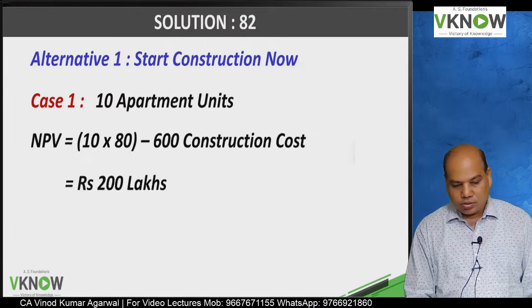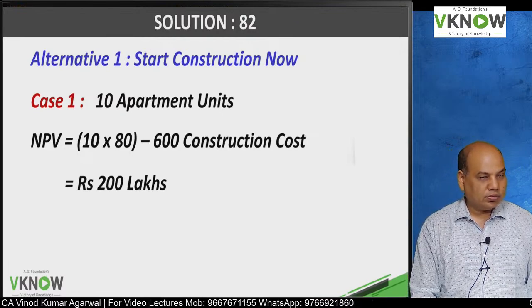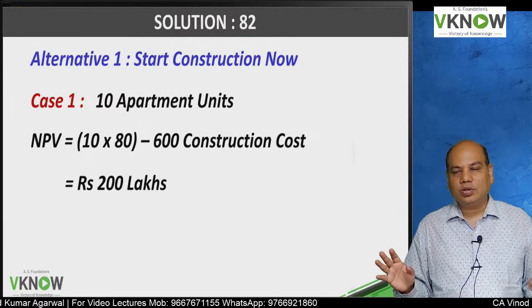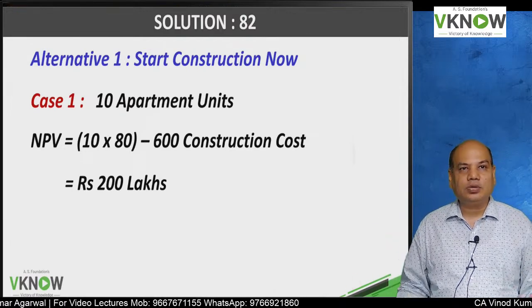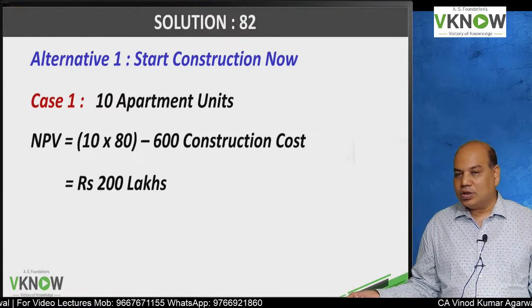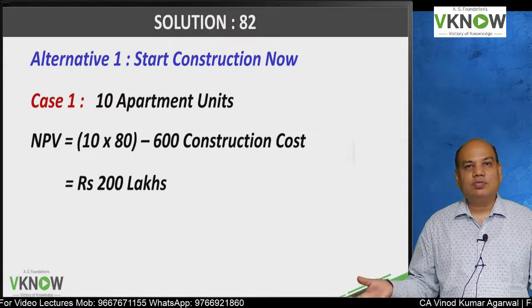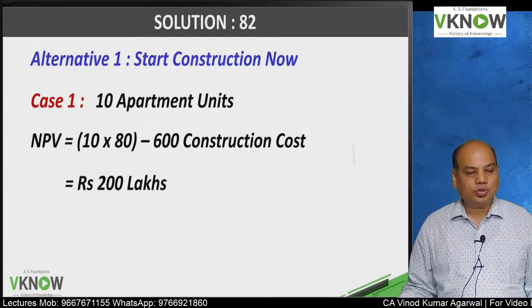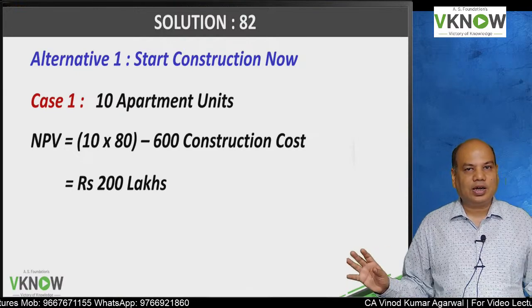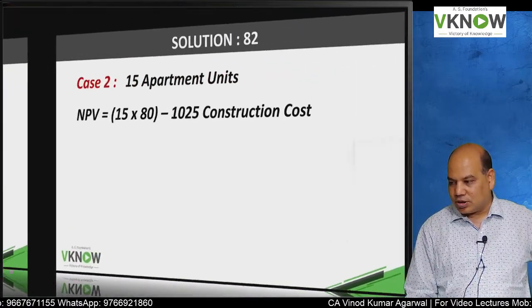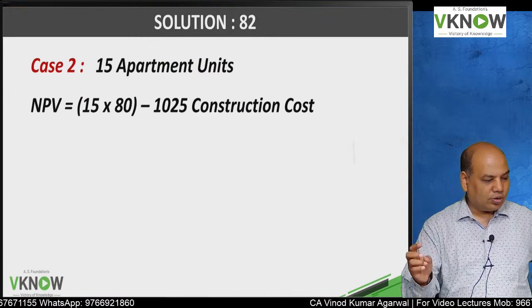The answer is 200 lakh will be your NPV, because you will construct now, sell now. Construct now, sell now. Where is the discounting required? Only assumption is construction will be completed today, sale will also be done today itself. No time lag. Of course, practically you can't construct in one day, but that you can ignore for the time being.